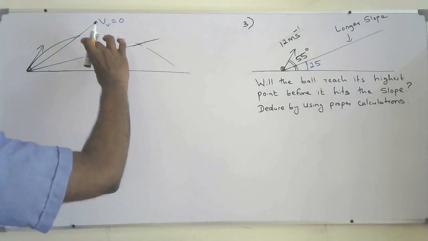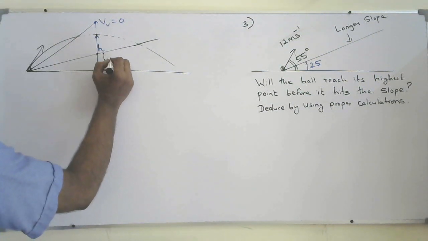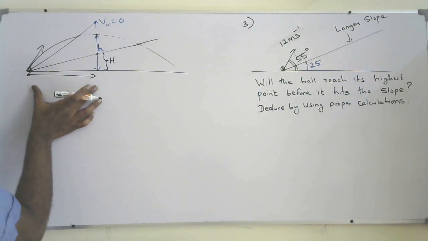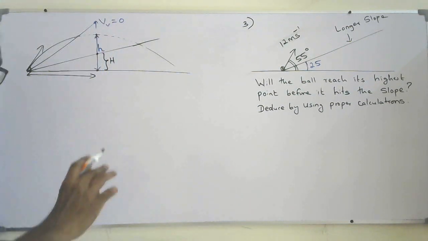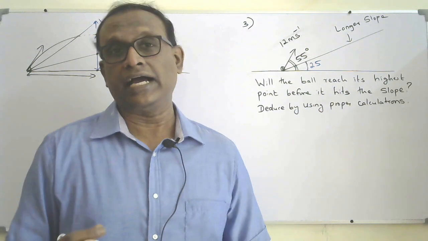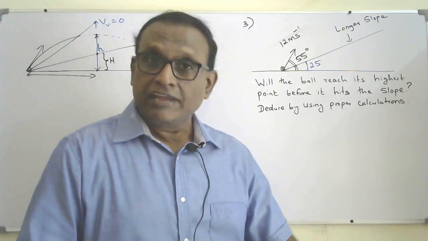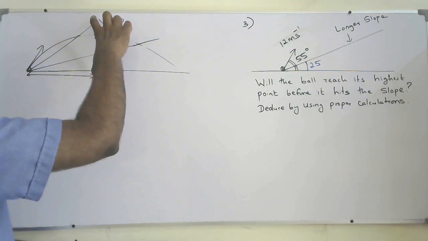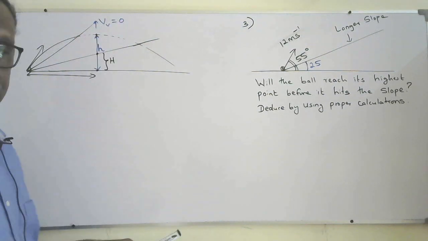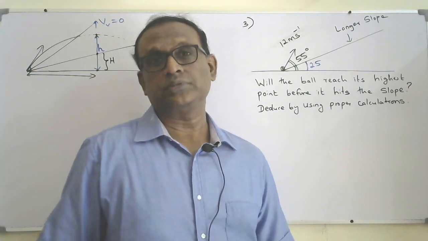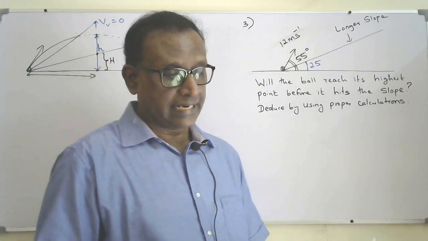So I will find the height of the slope, h, when the ball has that horizontal displacement at its highest point. That is the actual height of the slope, I will find it. If the height of the slope is smaller than the maximum height of the ball, that means the ball will not hit the slope. Understand? So that's the idea I'm going to follow.